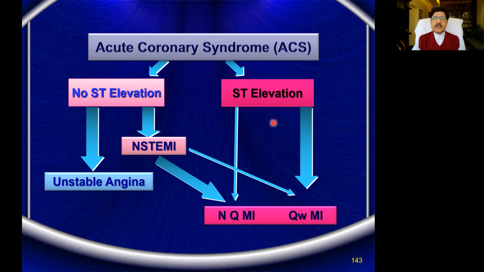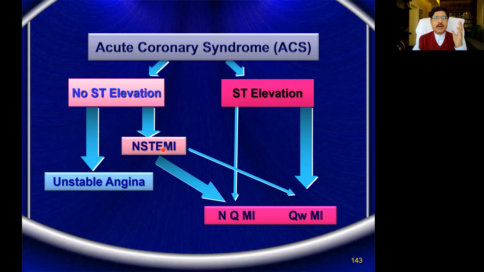And of course, ST segment elevation MI is mostly transmural, so there is a Q wave myocardial infarction, and in some areas it could be non-Q also. Classifications like non-Q and Q are older types. Today we ask: is it NSTEMI or is it STEMI? If it is an NSTEMI, is it ischemia alone, or is injury also associated?